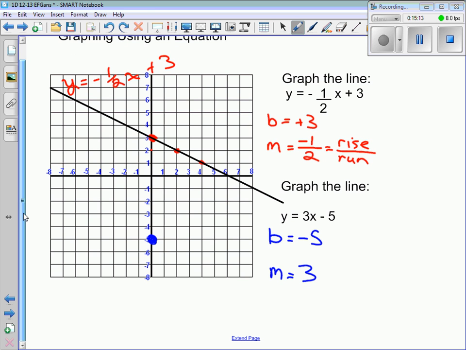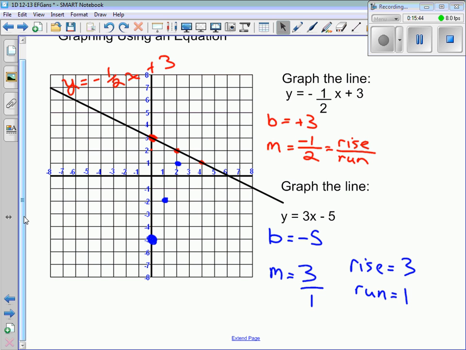Okay, so if our slope is 3, what is our rise and what is our run? Well, let's think of this as a fraction. 3 over 1. Mashai, what's our rise and our run? Right. Rise is 3. Run is 1. So we've got to go 3 up: 1, 2, 3, and then over 1. And that gives us another point. Let's do that again. 1, 2, 3, and then over 1. That gets us another point.